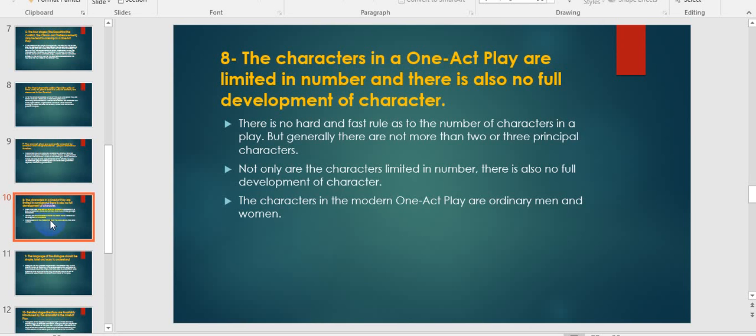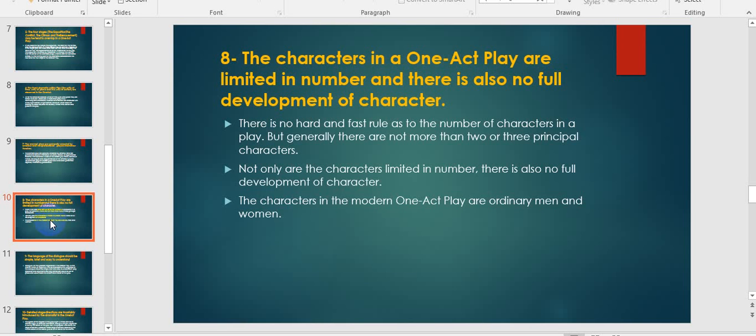If he introduces too many characters, it would result in overcrowding and lessen the effect of the drama. That's why there is no hard and fast rule as to the number of characters in a play. There are not more than 2 or 3 principal characters.